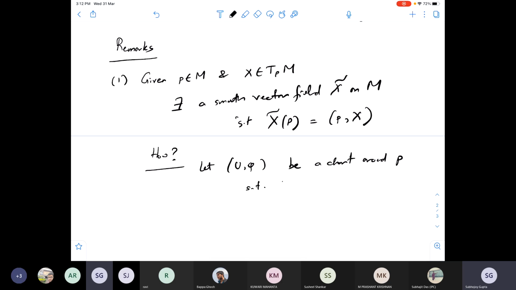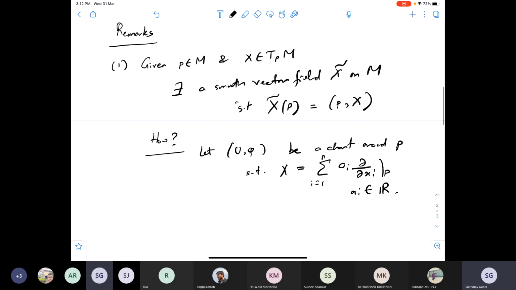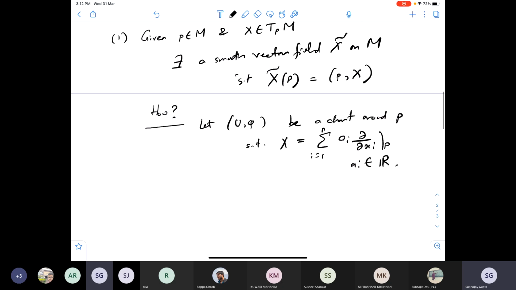Such that this vector x is a combination of these ai times del xi at P in these coordinates, where these ai's are now real numbers. And then you choose a bump function rho from U to R.